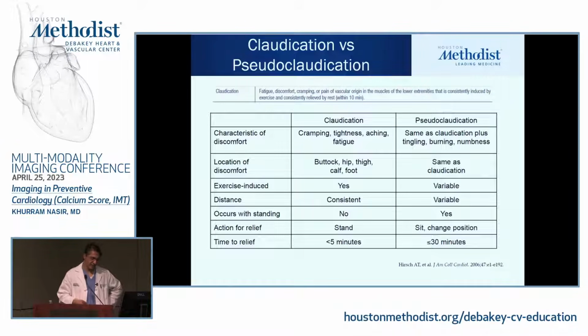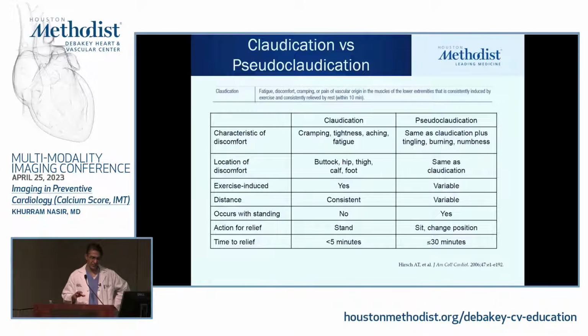They may not necessarily occur with exertion. If they do occur with exertion, it won't be after a fixed amount. It's very variable. It takes a greater amount of time for the pain to go away than a very consistent time to pain relief when exertion has stopped.